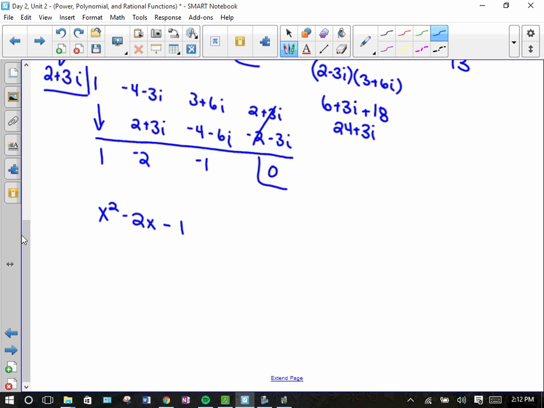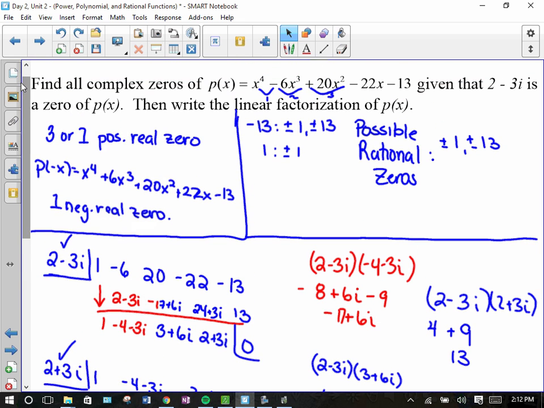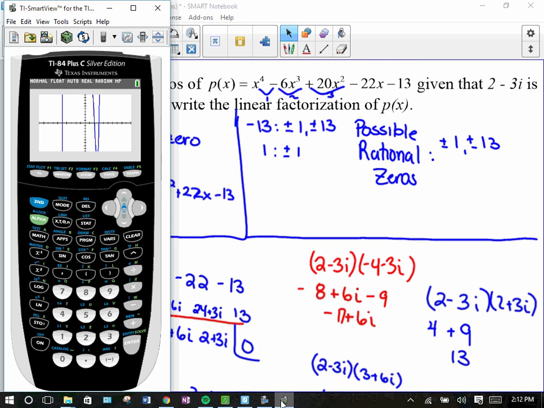Alright. So, if we were to graph this, y equals x to the fourth minus 6x to the third.